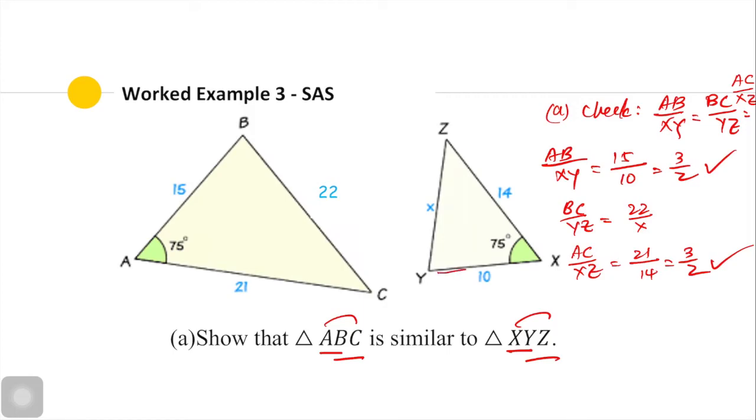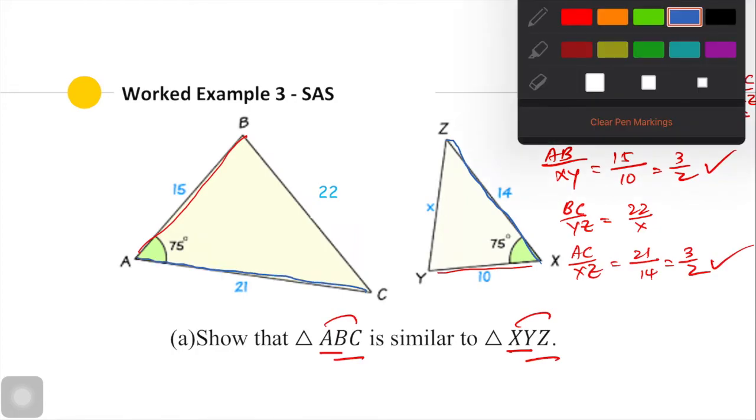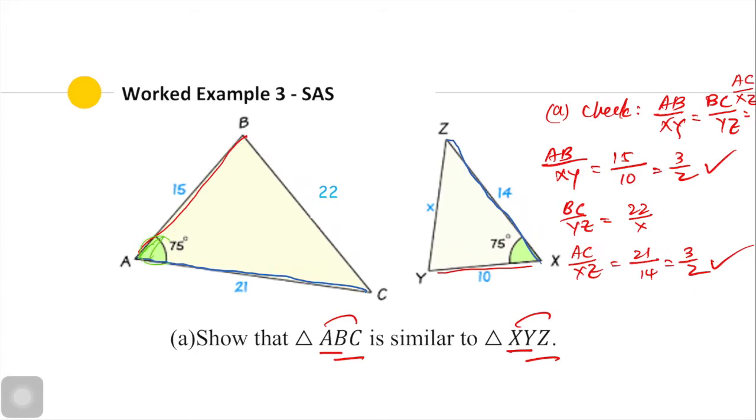We know that this side has the same ratio as this side over this side, right? Okay, so we now look at the angle that is in between here, this angle and this angle. So what we have is angle BAC is equal to angle ZXY.